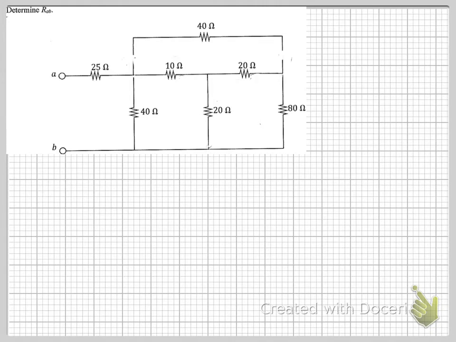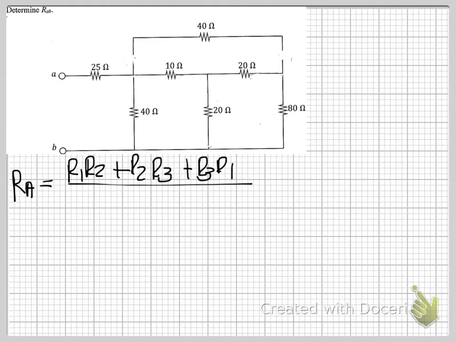And this is one of those where you will have to have remembered the equation that says RA is equal to R1 R2 plus R2 R3 plus R3 R1 over R1, right?